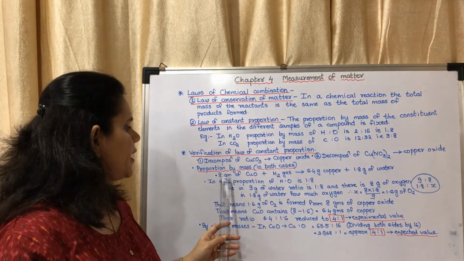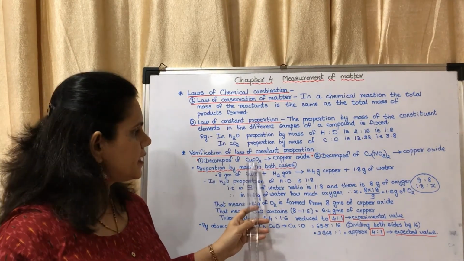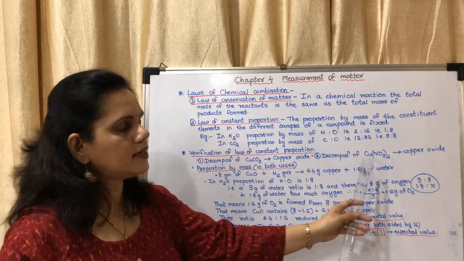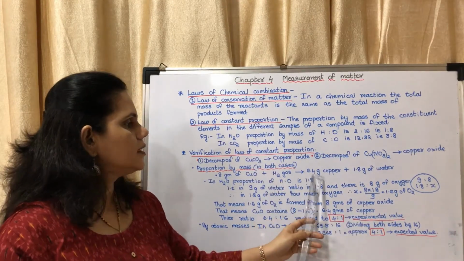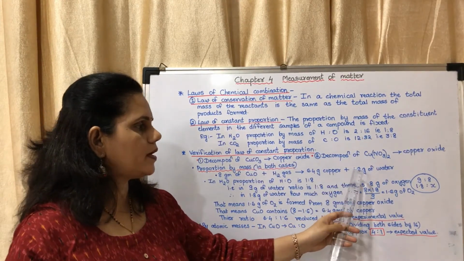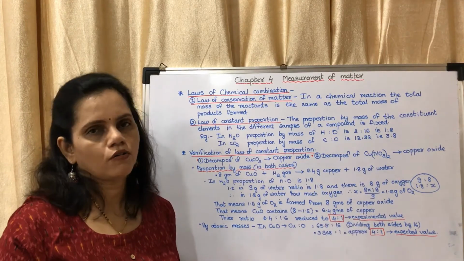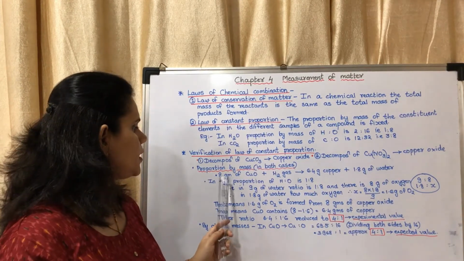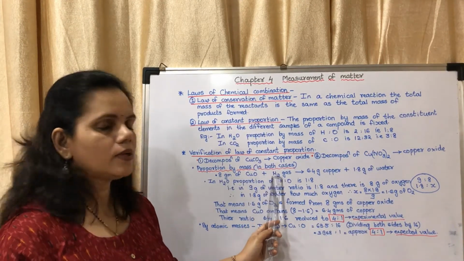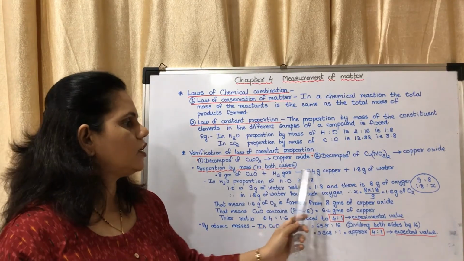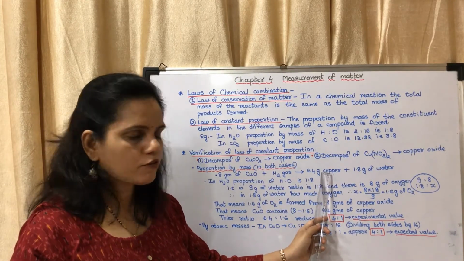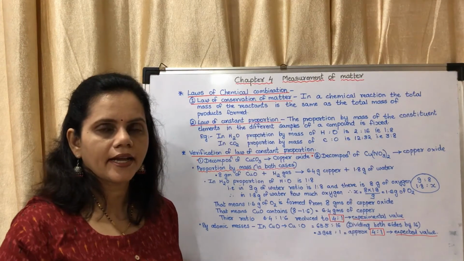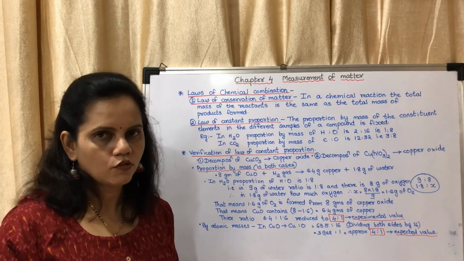So 8 gram of copper oxide, whether it is this or this, will form 6.4 grams of copper and 1.8 gram of water.